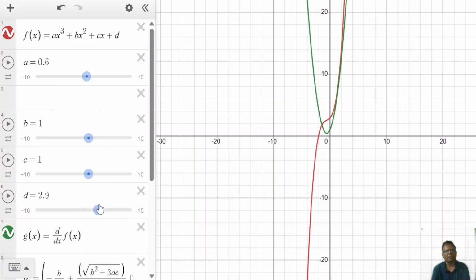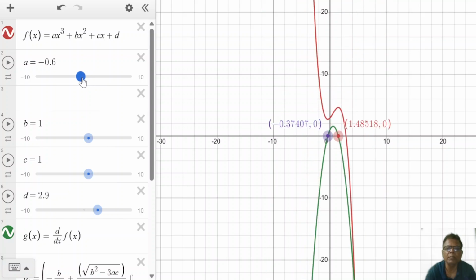This is the third. First is a: if a is negative, it starts from the positive y side and ends at the negative y side.